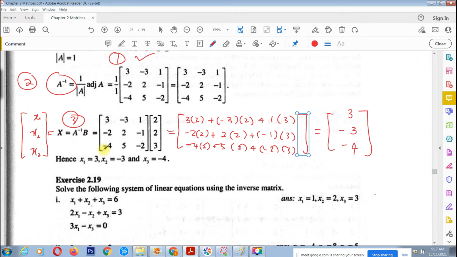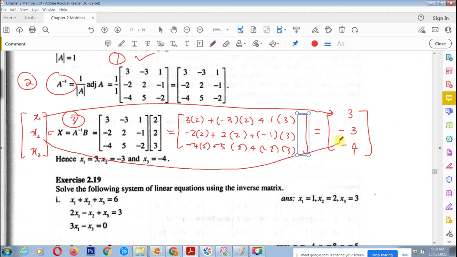So that's why it is equivalent to this equation. So we have a unique solution. This kind of operation gives a unique solution because of the existence of A inverse. If A inverse does not exist, maybe there is no solution or infinitely many solutions.